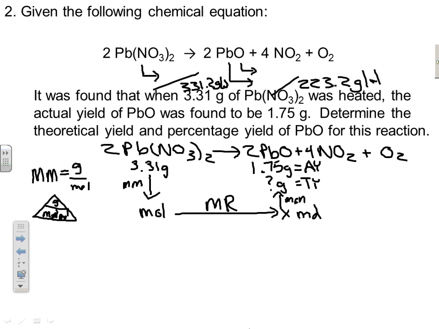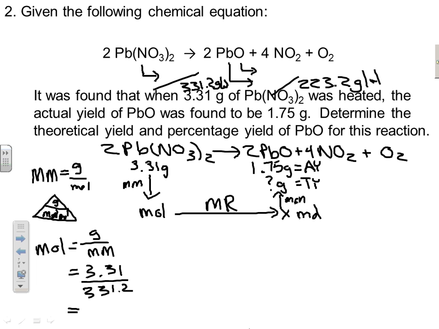So let's now go through our calculations. I want to find moles, right? Moles is equal to grams over molar mass. I have 3.31 grams of lead nitrate over 331.2. Do you think that number was picked nicely to get a nice number?